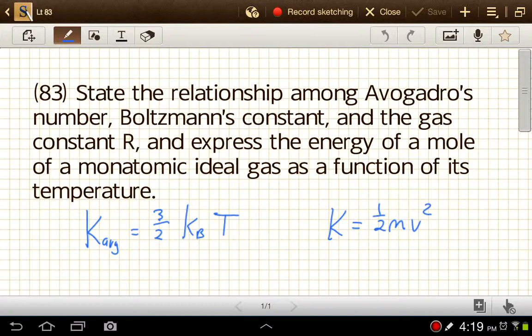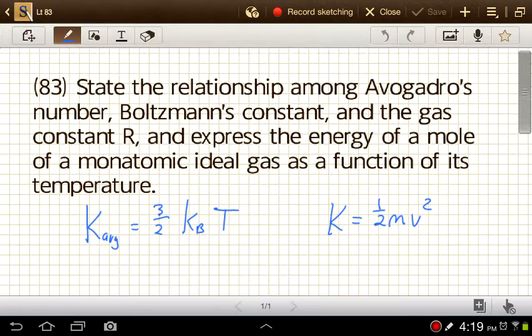So we had these two equations for kinetic energy. This one was for the average kinetic energy of particles in some gas at a temperature T, where T is in Kelvin. And this is the general equation for kinetic energy, K equals 1/2 mv squared.